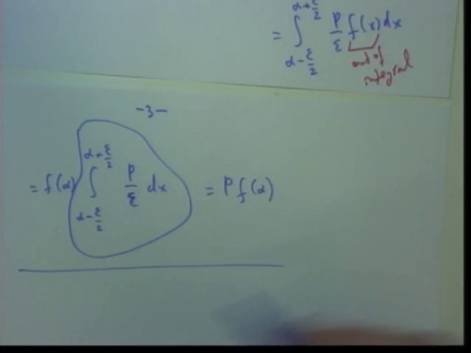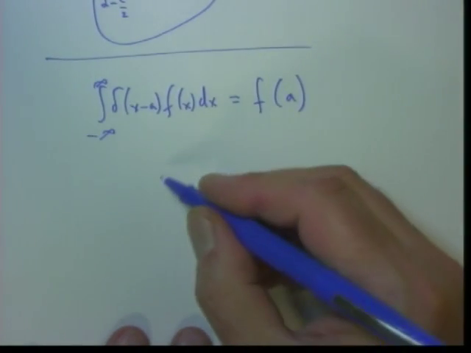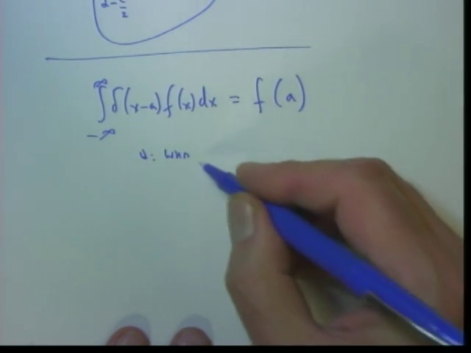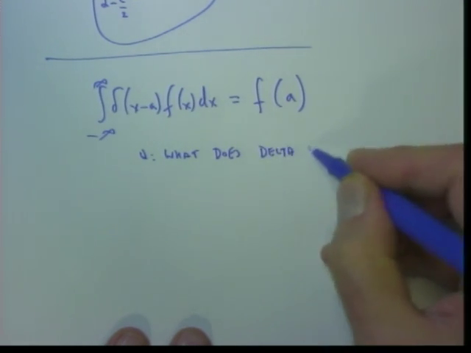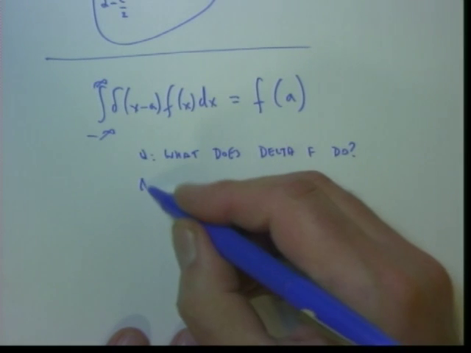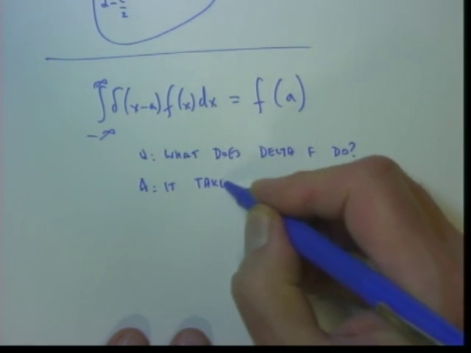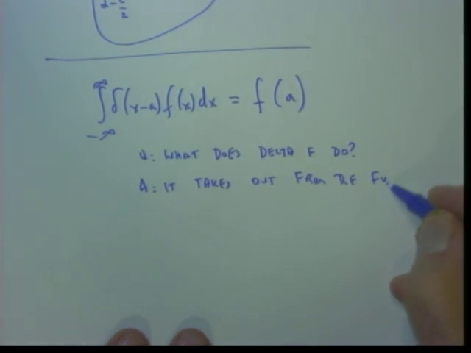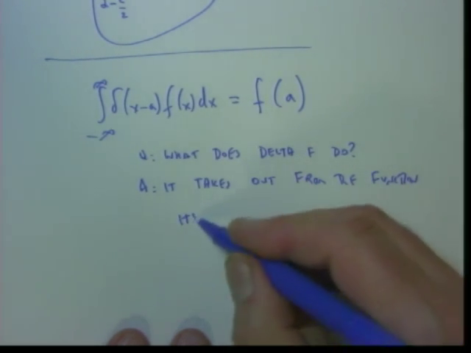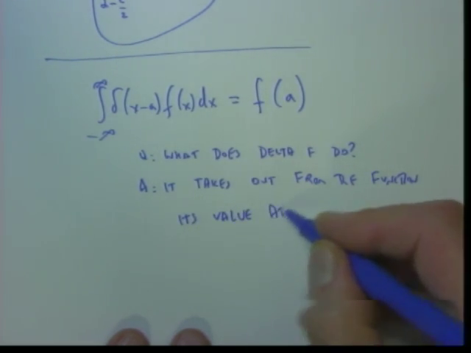So the main thing, then we define it like this: the integral of delta function x minus a times f of x dx, from minus infinity to plus infinity, equals f of a. So question, what does the delta function do? Answer, it takes out from the function its value at x equals a.